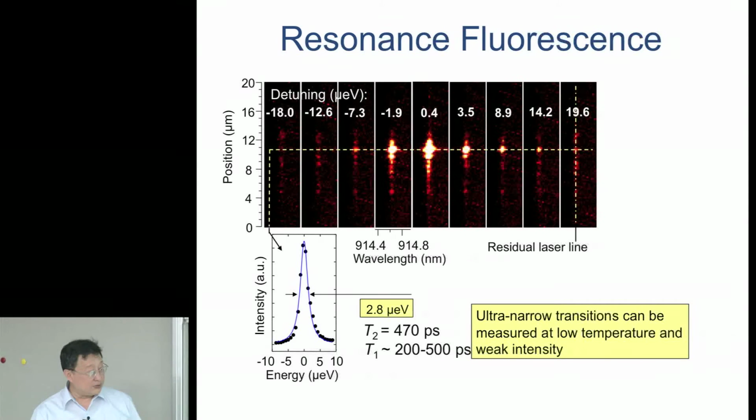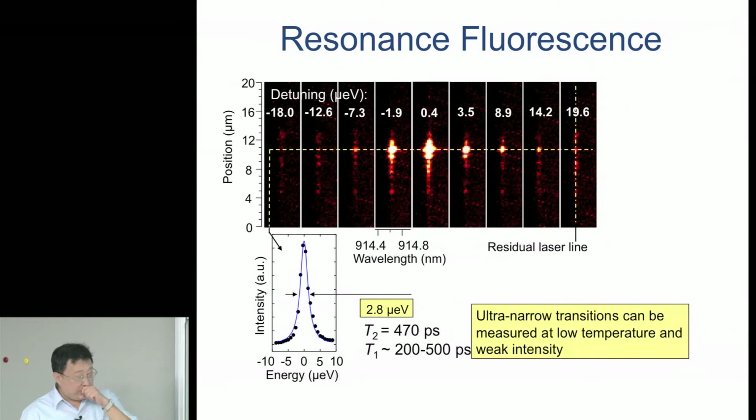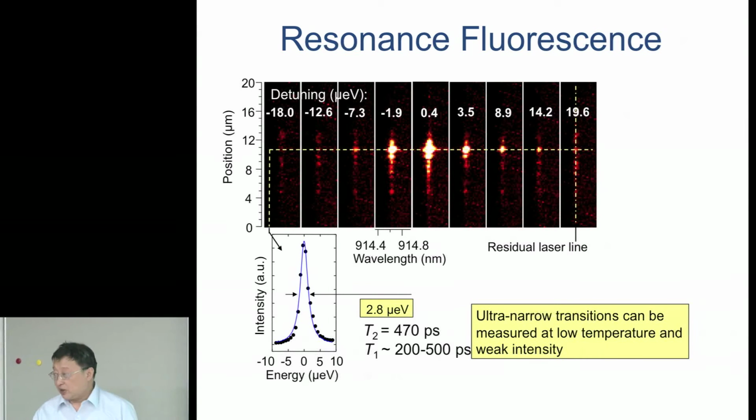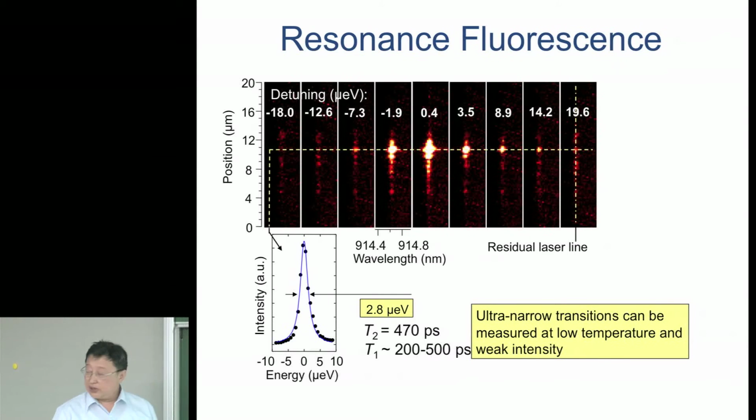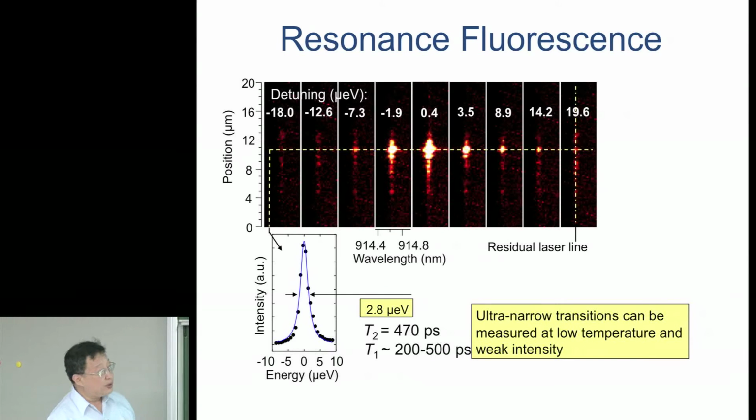We can measure the T1 time, and we can also measure the T2 time. Unfortunately, for all the quantum dots we measured, we are not transform limited. That means T2 is not exactly 2T1. T2 is always smaller than 2T1. That means there are other decoherence mechanisms in there, pure dephasing. But still, this is a really very, very sharp line.